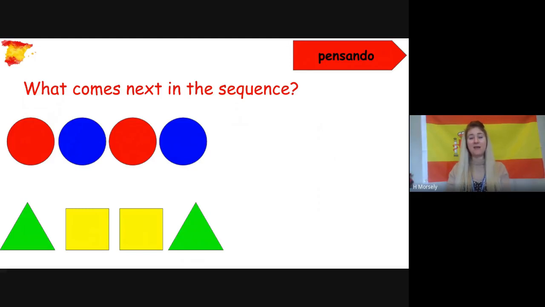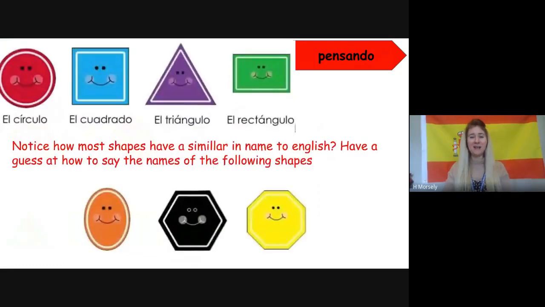So you have el cuadrado amarillo, and then you have el triángulo verde. So you have a yellow square, and a green triangle. Muy bien.